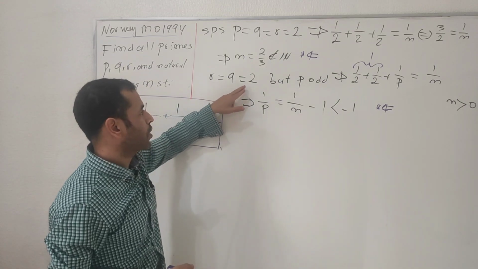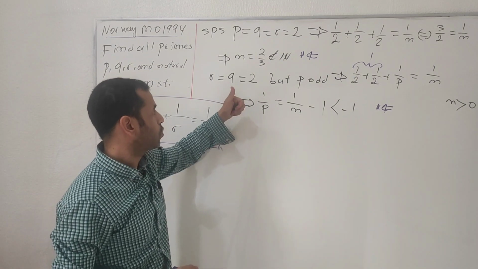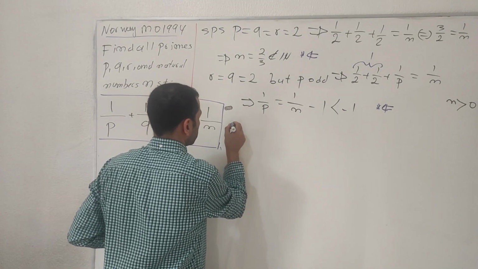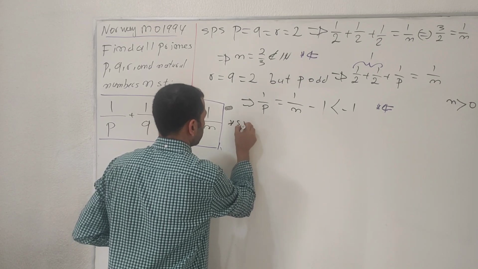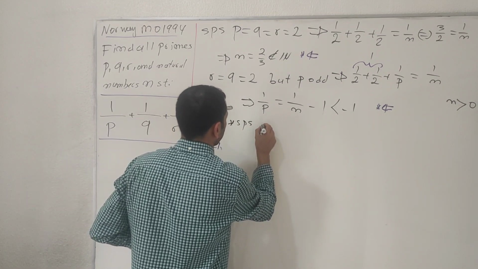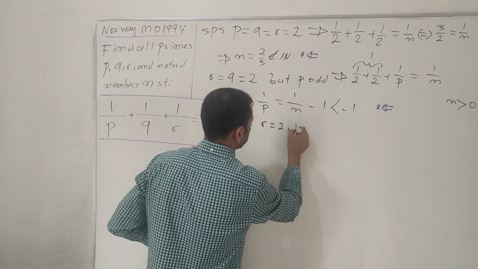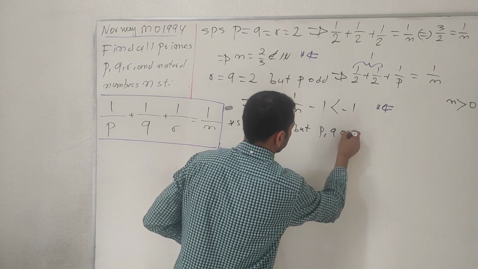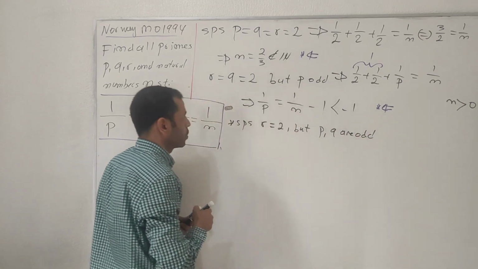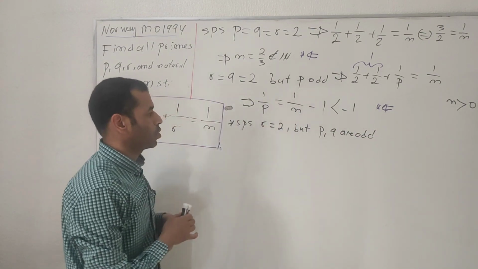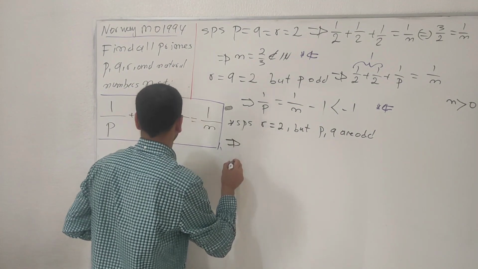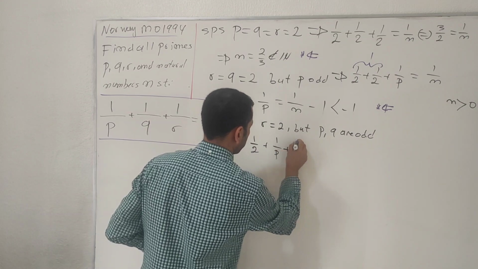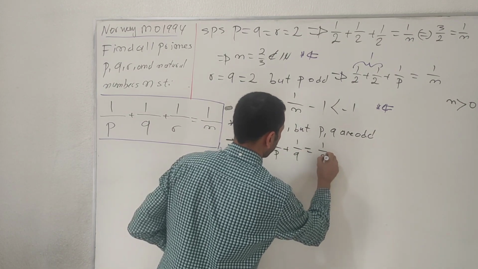Since not all the primes are even, at least one is even, two are odd. So let's suppose r equals 2 as the even one, but p and q are odd. Inserting this into the original equation to see what it gives us, I will have half plus 1 over p plus 1 over q equals 1 over n.